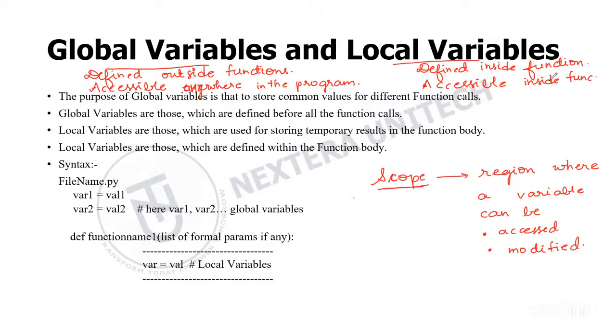The lifetime of local variables is only during the function execution. So during the execution of the function in which your local variables are defined, these variables will be there. But for global variables, the lifetime is the entire program execution.